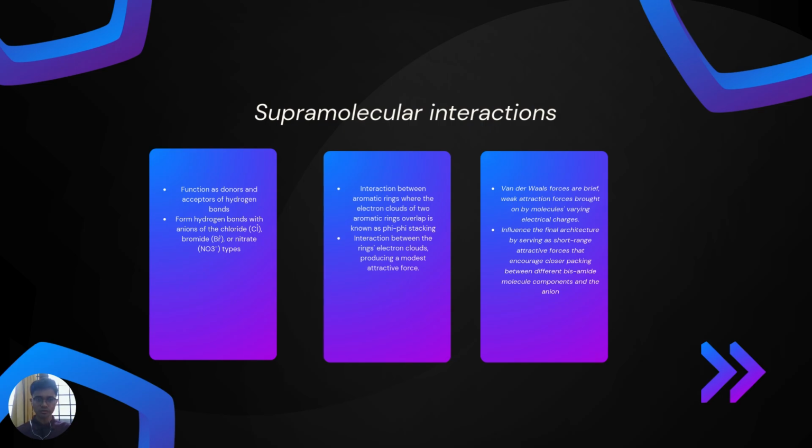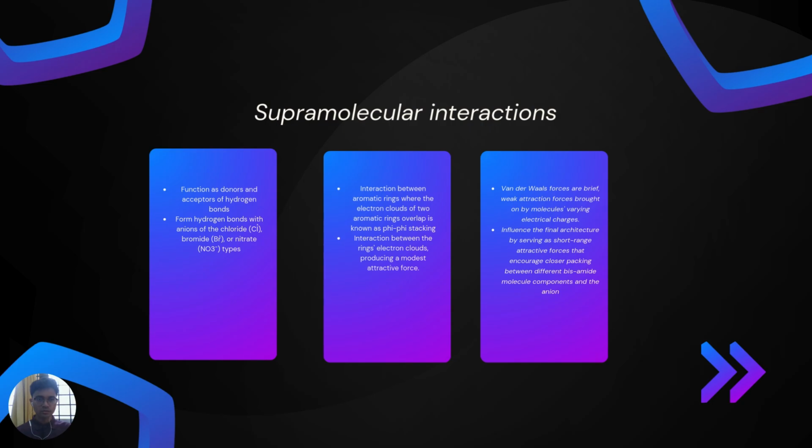Supramolecular interactions. There are three main points related to this subtopic. The first one is that amide groups and carbonyl oxygen can function as donors and acceptors of hydrogen bonds, respectively.